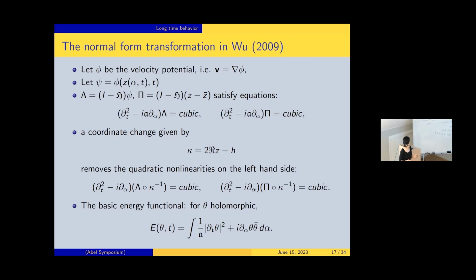If I take the velocity potential and look at the trace of the velocity potential on the interface, it turns out that if we look at this quantity I minus H of the velocity potential, in other words the projection of the velocity potential onto the space of holomorphic functions in the air region, and you also look at z minus z bar, which has no real part, so you look at the height of the interface and project it onto the space of holomorphic functions in the air region, both of these quantities satisfy an equation of this type.